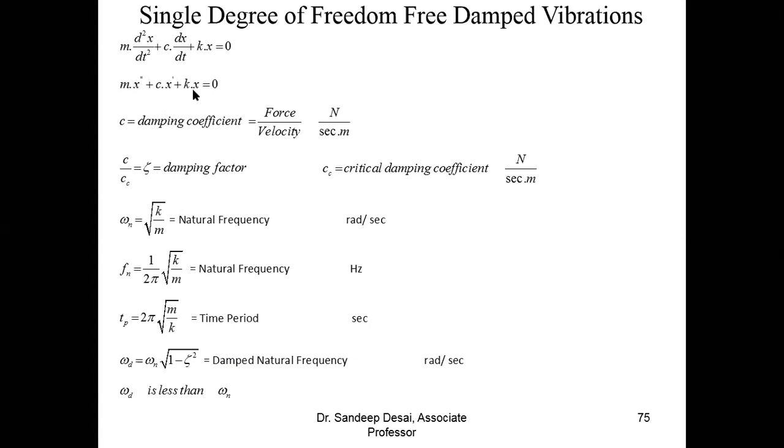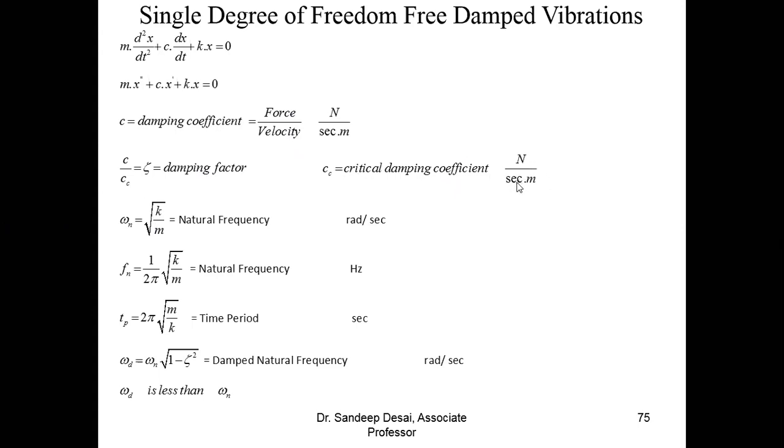m x double dot plus c x dot plus k x equal to 0, that is inertia force plus damping force plus spring force equal to 0. Here two new terms are introduced. C, the damping coefficient, is force divided by velocity, and then there is the critical damping coefficient, that is again a damping coefficient, but the critical one.